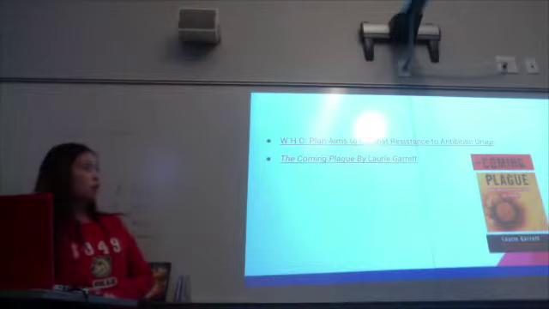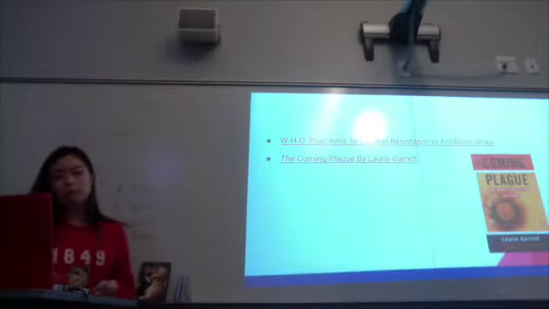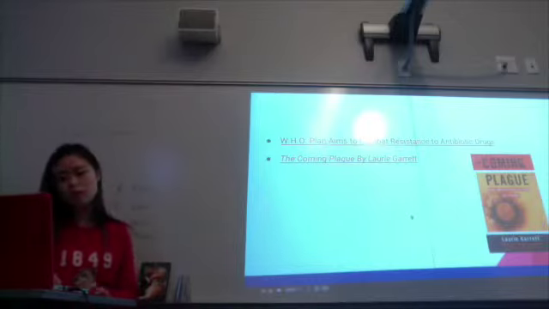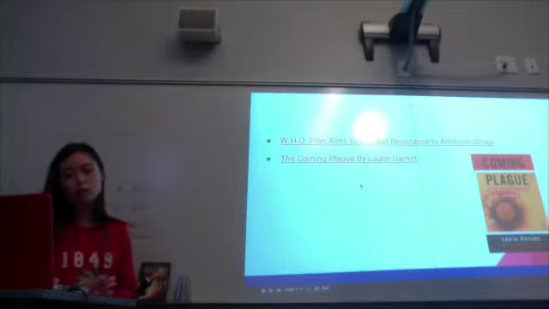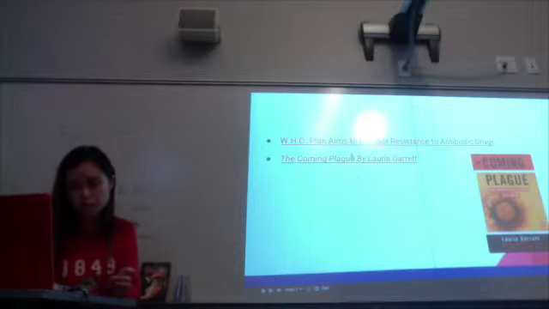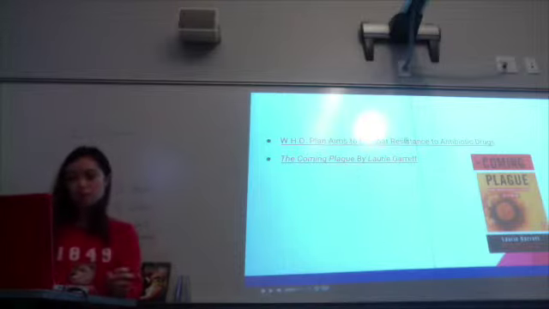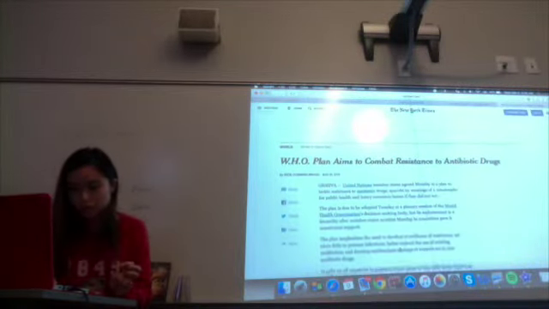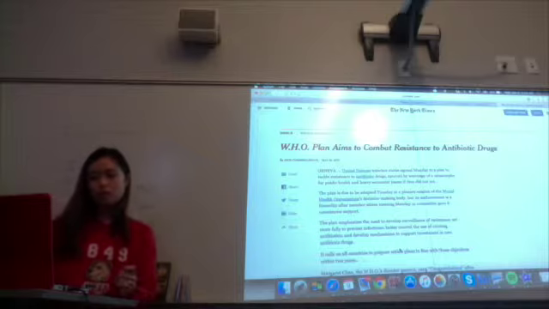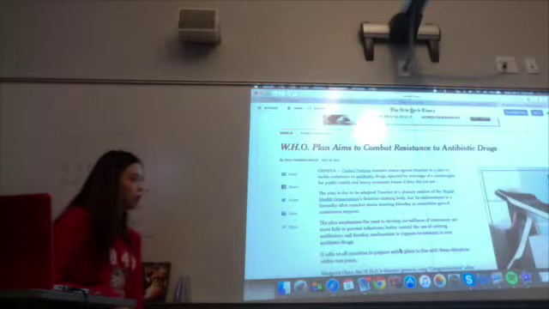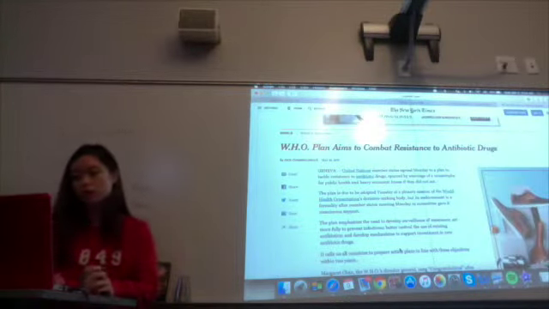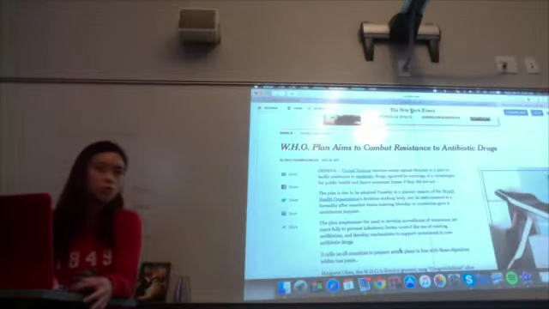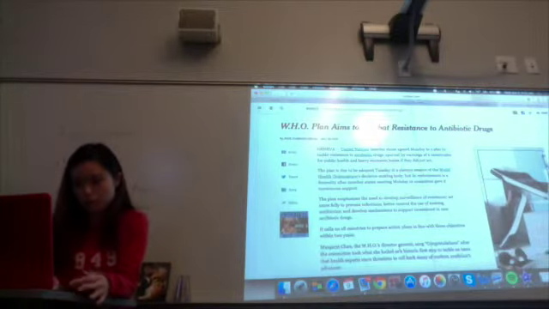Then I read an article from the New York Times saying the World Health Organization plan aims to combat resistance to antibiotic drugs. Basically, the United Nations and the WHO had a meeting and came up with some solutions to the antibiotic resistance problem.